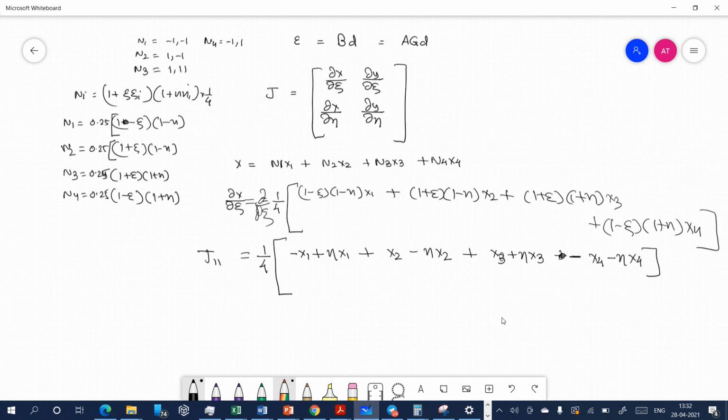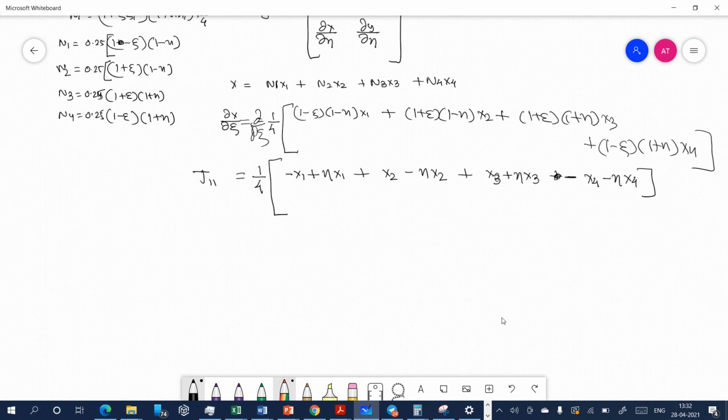Let us make it more lengthy by finding out J21 also. So what is J21? Or instead, let us find out del x by del eta. For that I need to have x only, which I already have.